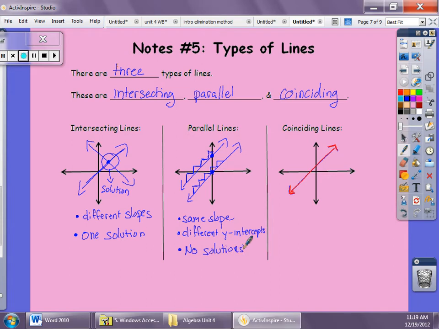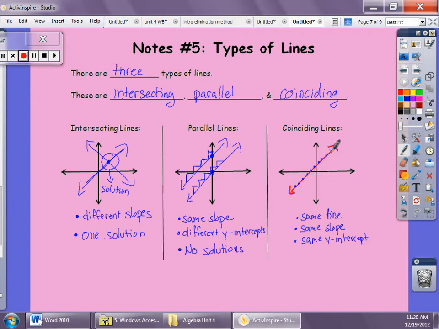Now with coinciding lines, it's the same line. So they have the same slope, and they also have the same y-intercept. The solutions for these lines are any point that we can think of that is on both of these lines.